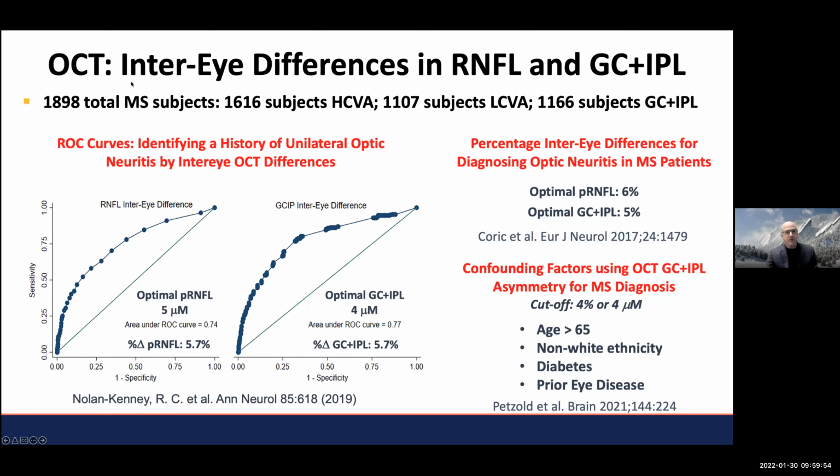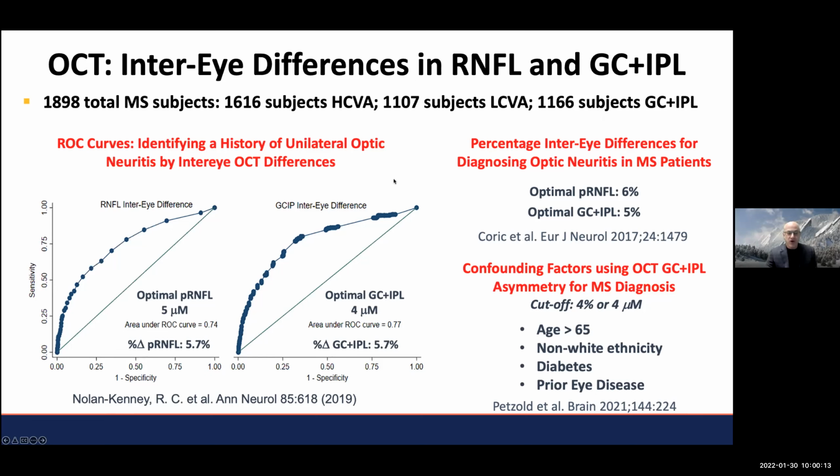This analysis, performed with colleagues around the world, totaled almost 1,900 MS subjects, and additional functional information was available about them in their high contrast vision, low contrast vision, and ganglion cell interplexiform layer thickness.